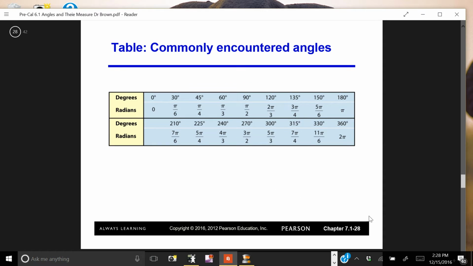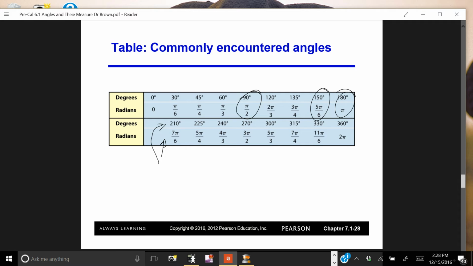Now here's just a table of commonly encountered angles. Some of these we've already done. As you see, 180 degrees is pi, 90 degrees is pi over 2, 150 degrees is 5 pi over 6, and you see some equivalent ones in degrees and radians.